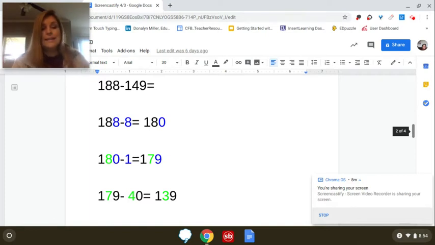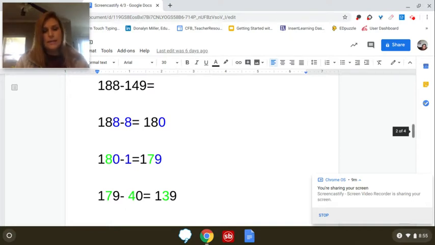Notice when I did that, not only did the ones place change, but the tens place changed too. I still subtracted 9, which was what my ones were, but I did it over 2 equations.